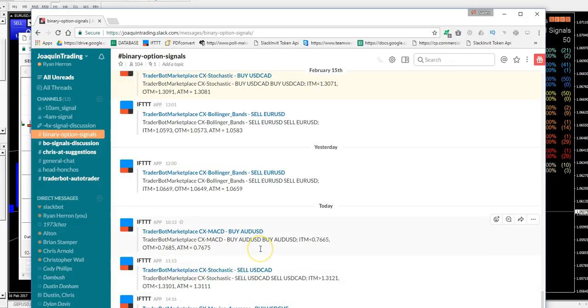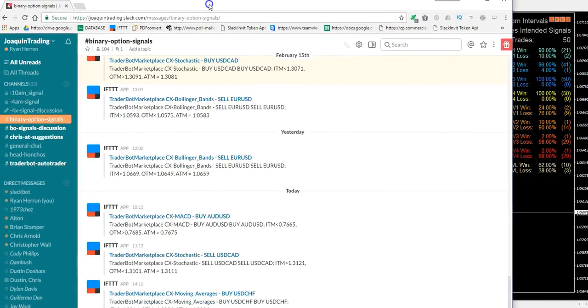Today wasn't a very great day. However, I just got a message that somebody made some money off these signals, even though technically they didn't win today. But whenever you're looking at it, the signal will come out and it'll look like this, what you see here. TraderBot Marketplace, CX Bollinger Band, sell Euro USD.